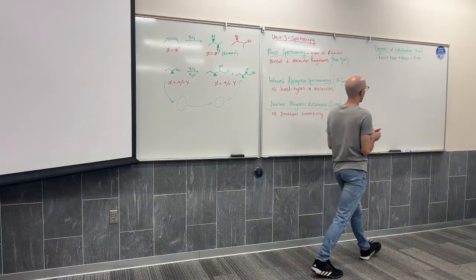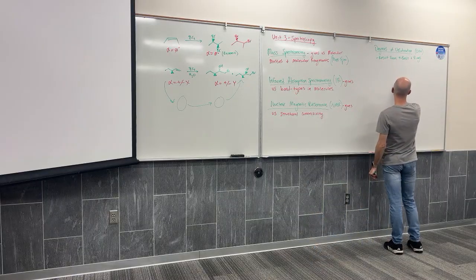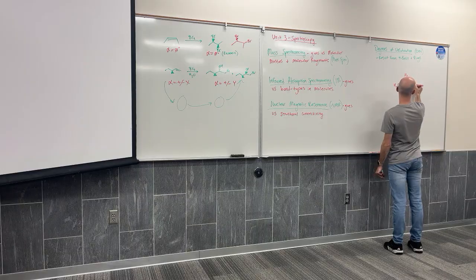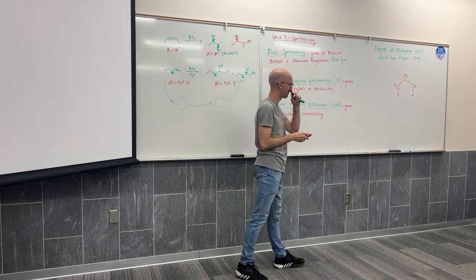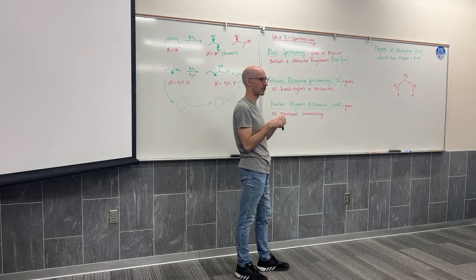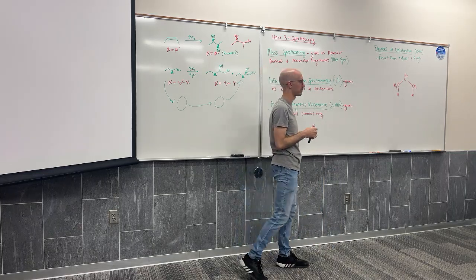So here's how I like to demonstrate this. We're going to look at propane. And we're going to look at a very specific orientation of propane, where I've got two hydrogens kind of pointed down.